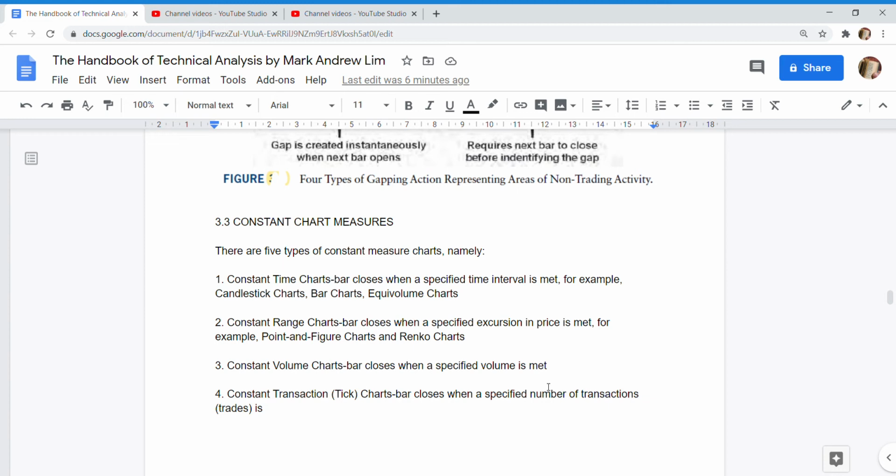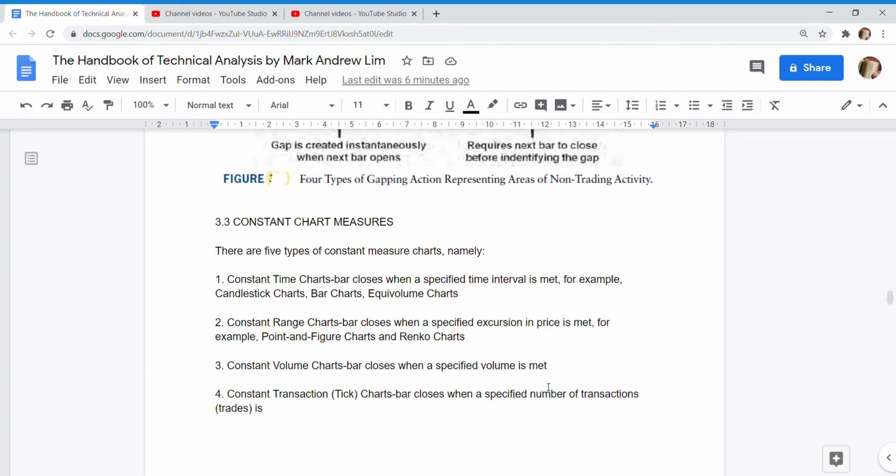Constant time charts. Bar closes when a specified time interval is met, for example, candlestick charts, bar charts, equivalent charts. 2. Constant range charts. Bar closes when a specified excursion in price is met, for example, point and figure charts and Renko charts. 3. Constant volume charts. Bar closes when a specified volume is met.